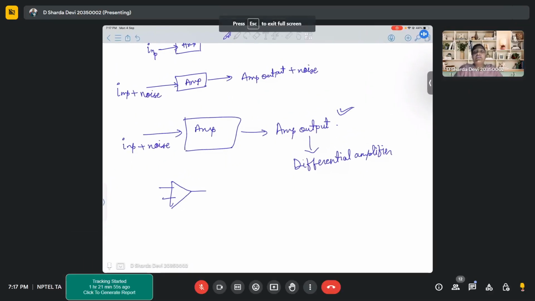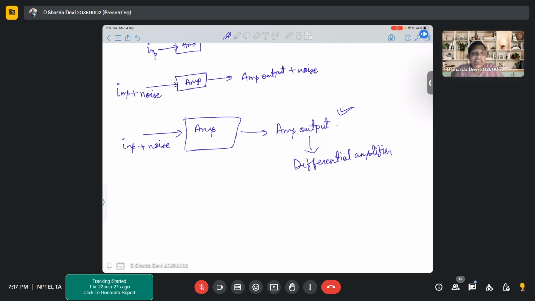Okay. So yes, the op-amp is a basic differential amplifier. We have used op-amps, right? So what is the feature that we get from a differential amplifier? What are the advantages that we get from a differential amplifier? The difference between two input voltages gets amplified and we get the output.